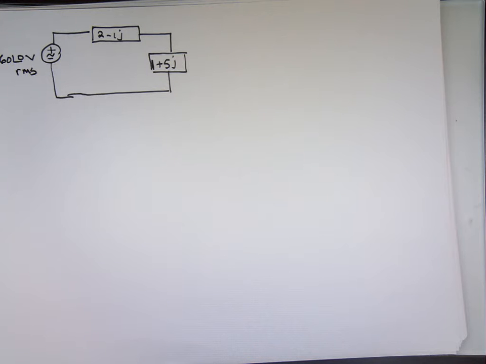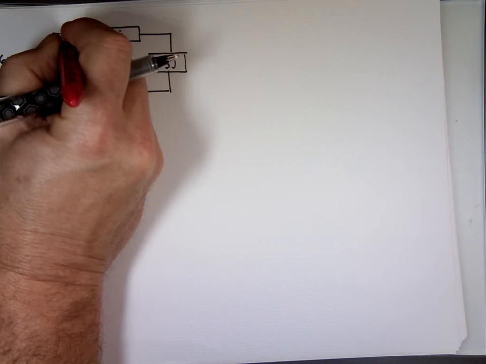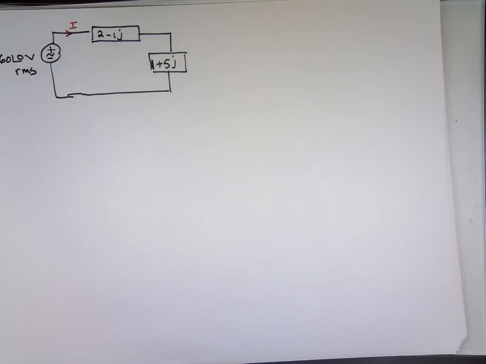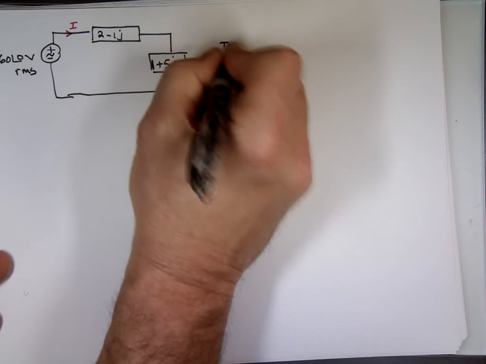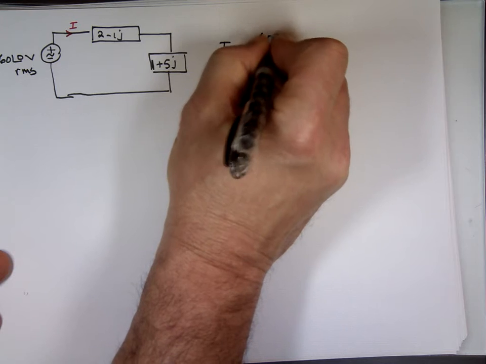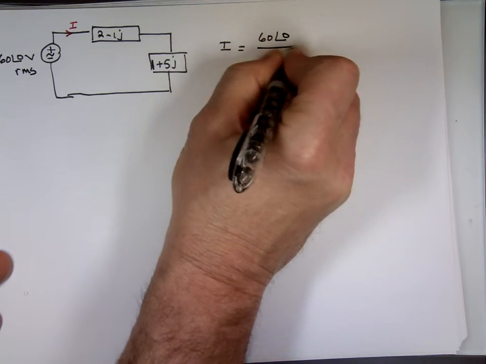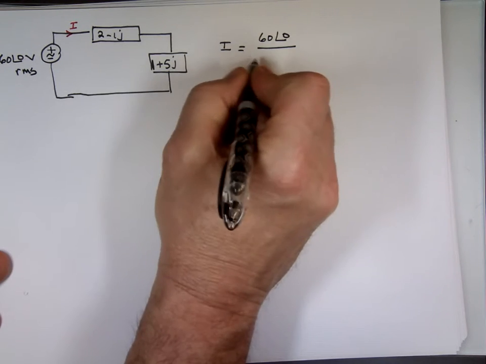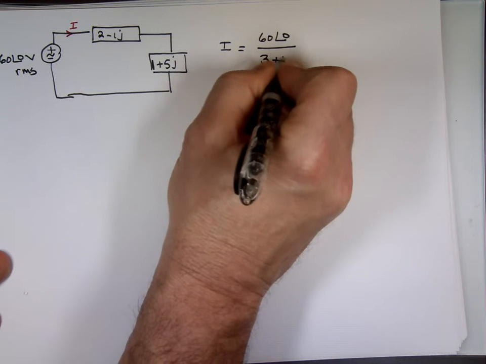Well, let me find I first, so I can define I as the current going through it. And using Ohm's law, I equals the voltage source, which is what? 60 angle 0, divided by the sum of these, which is what? 3 plus 4J.